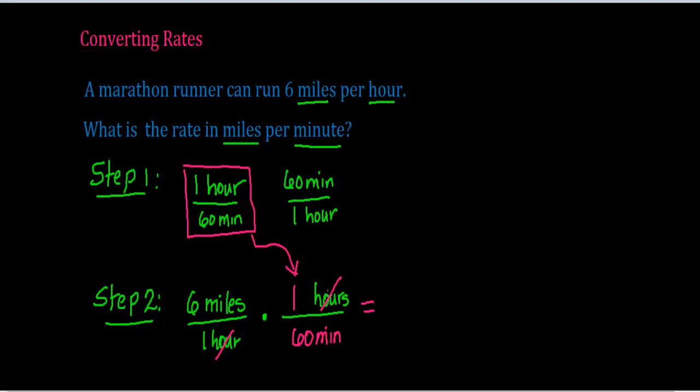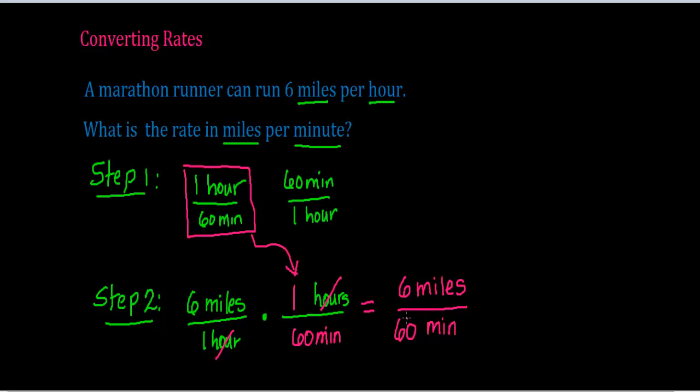Numerator times numerator, denominator times denominator. So the numerator is 6 times 1, which is 6. And remember to keep your unit, which is miles. That one we did not cancel. And in the denominator, I have 1 times 60 minutes. So 1 times 60 is 60. And I keep the unit minutes.